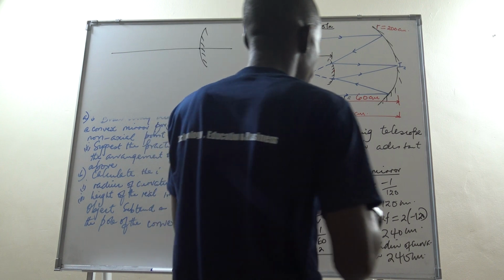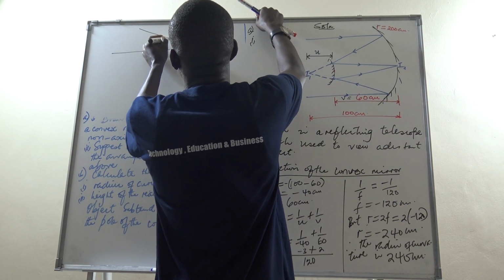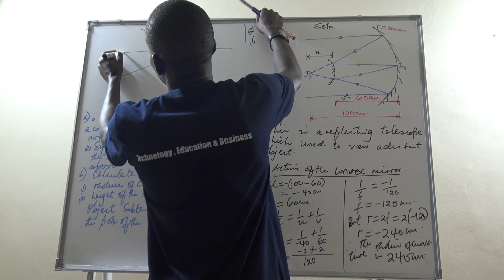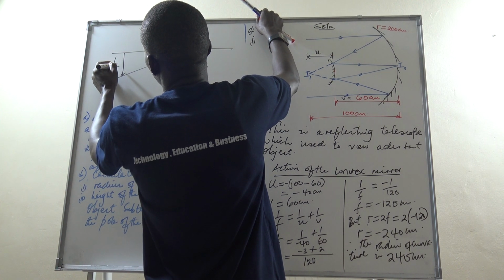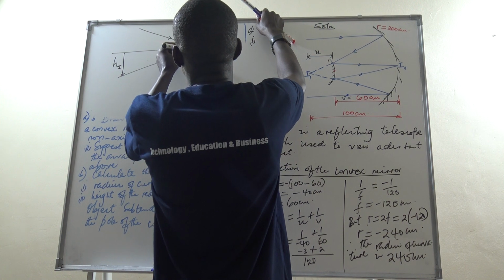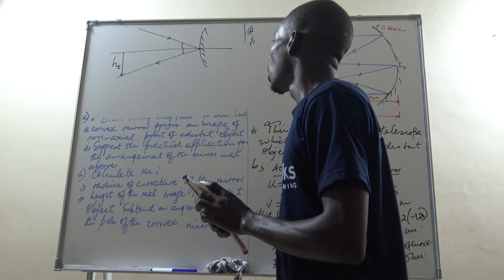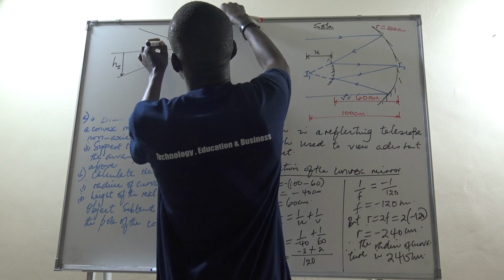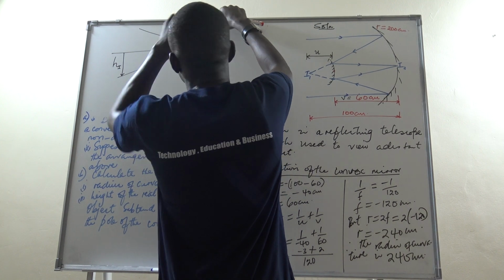So for the angle subtended at the pole, this is the ray from the distant object and that will be reflected here. We know this one here will act as the height of the image. And now this is the angle subtended. We know that if the rays are incident at the pole, the angle will be the same. So this will be 0.5 degrees and this is 0.5 degrees.